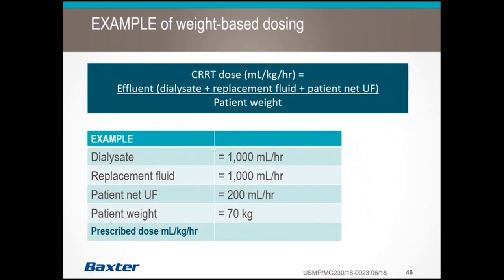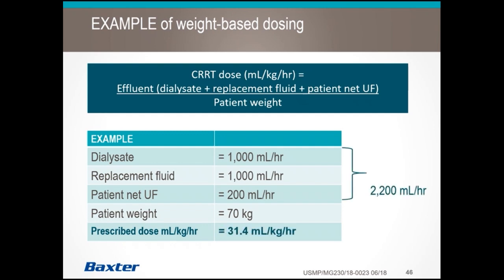So here's an example. Let's just say that you have a patient that weighs 70 kilos. If your doctor were to order 1,000 cc's an hour of dialysate, 1,000 of replacement solution, dialysate to do the diffusive therapy, the diffusion, and the replacement solution to do the convective therapy, the solvent drag or the hemofiltration, and then you were pulling off, say, an additional 200 cc's an hour of net fluid, that's 2,200 cc's an hour.